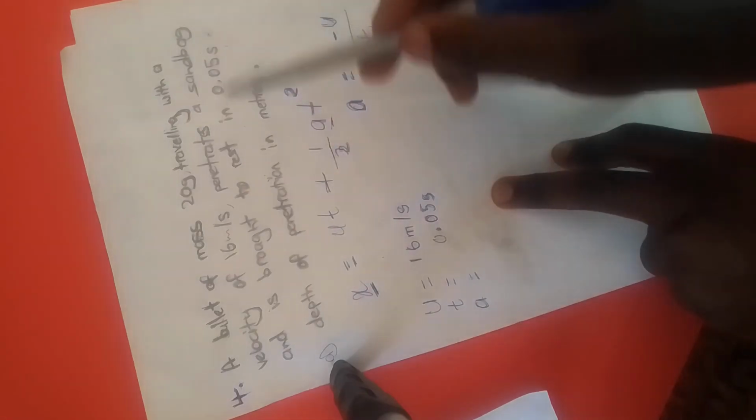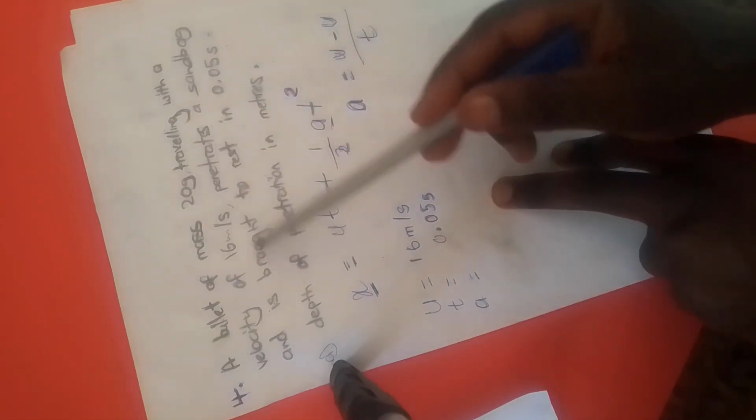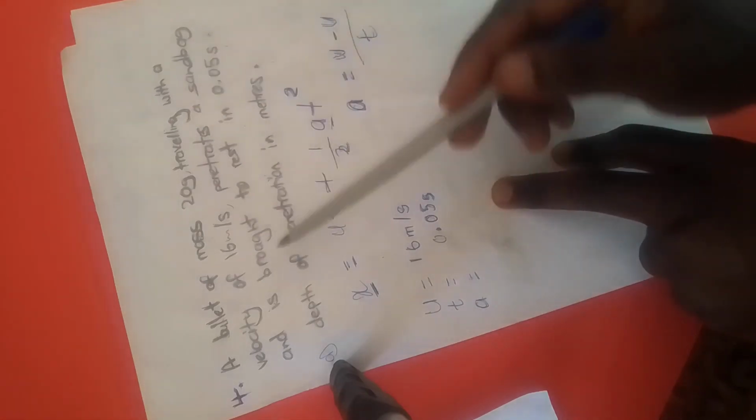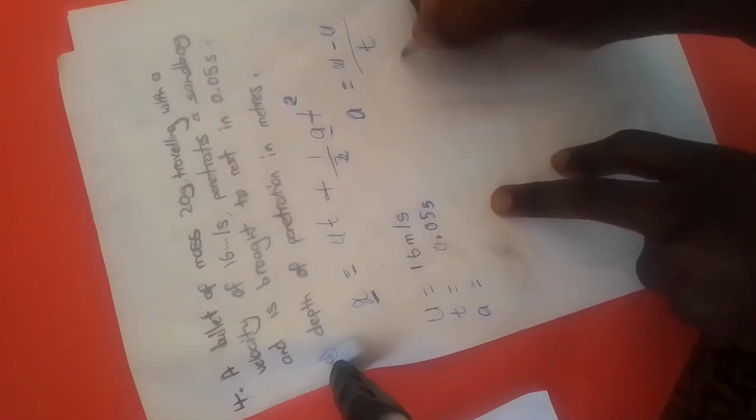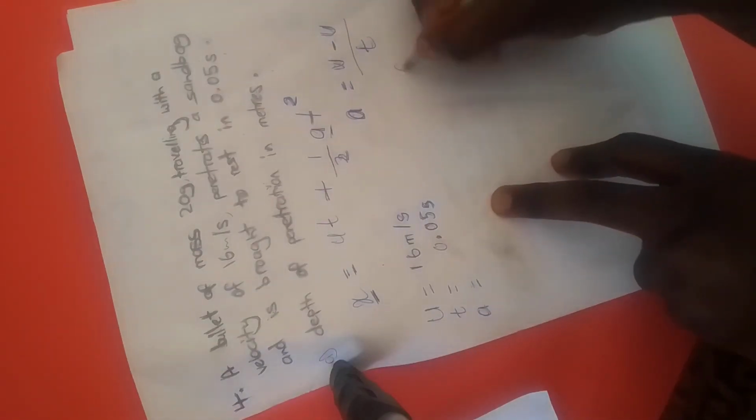Okay, so the bullet traveling with a velocity of 16 meters per second, that's the initial, right? And is brought to rest in 0.05 seconds. That means the bullet went to a stop. When something is stopping, the velocity is equal to 0. Obviously, so the final velocity now is going to be equal to 0.